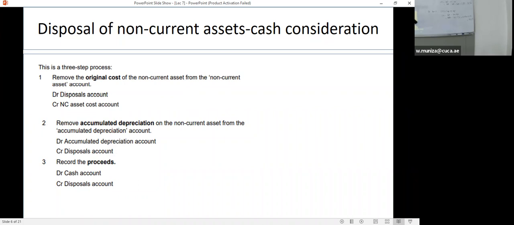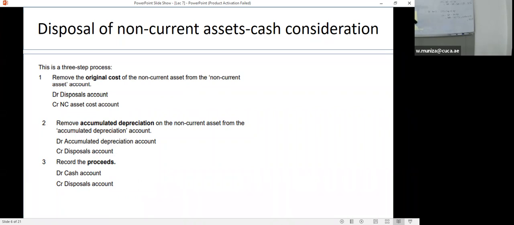Asset की जो accumulated depreciation है, उसको de-recognize करने के लिए क्या accounting entry पास करेंगे? Debit accumulated depreciation, credit disposal account. Cost को de-recognize करने के लिए debit disposal, credit non-current asset. Accumulated depreciation को de-recognize करने के लिए debit accumulated depreciation, credit disposal.